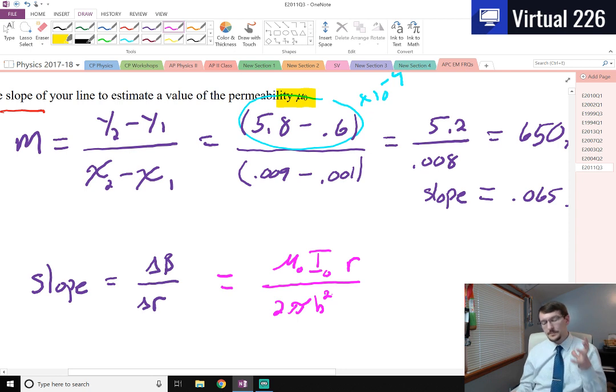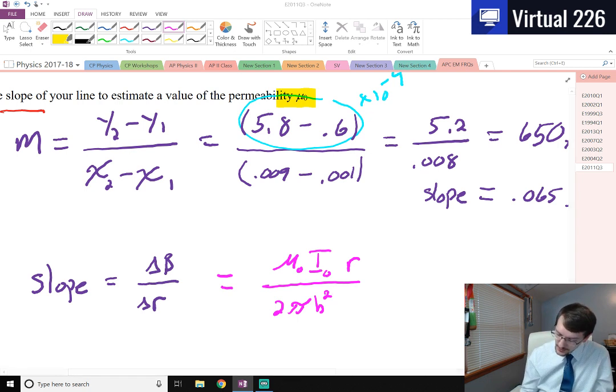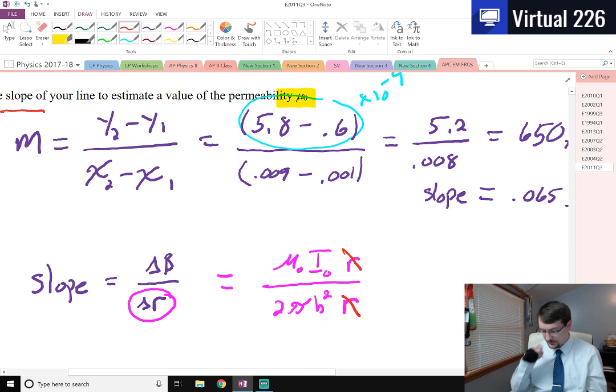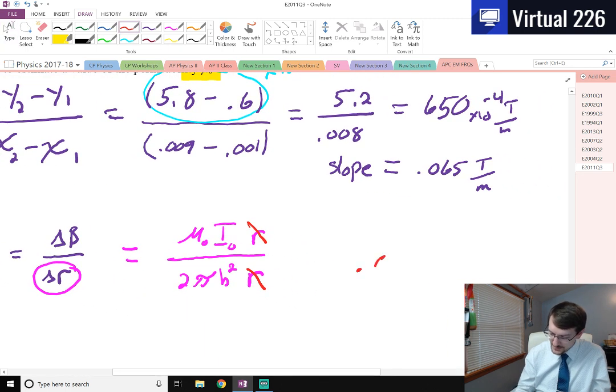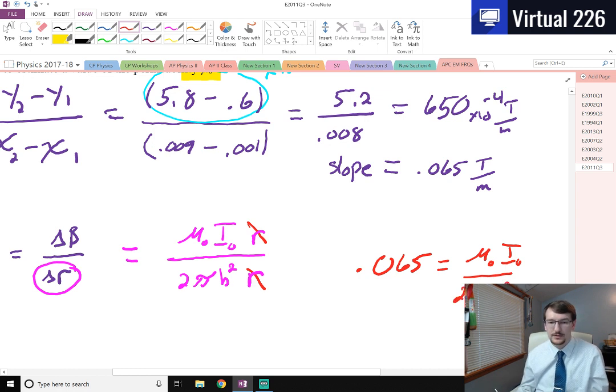Since that B field is just varying as a function of r, this r here is going to pop up there. And what we see is that the radial distance cancels itself out. So we know in this way that our slope, our value of 0.065, is equal to mu naught I naught over 2 pi b squared.